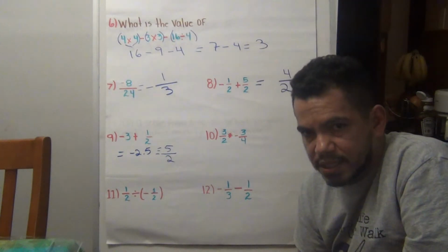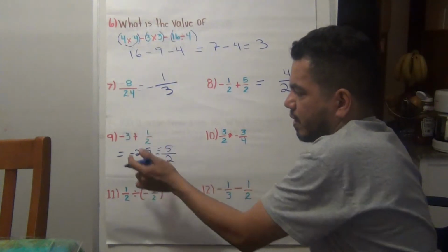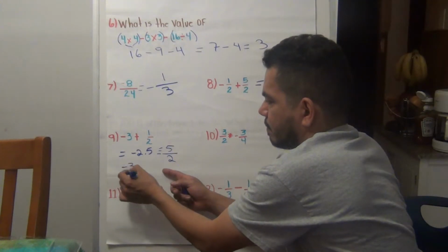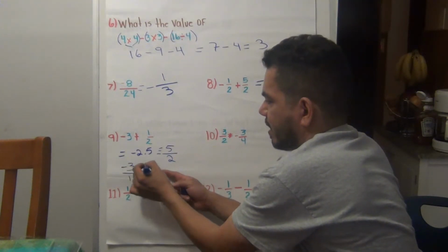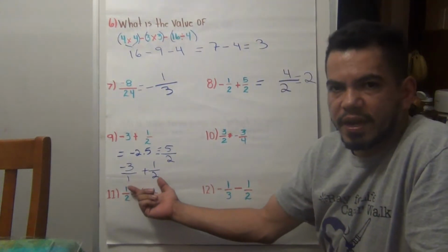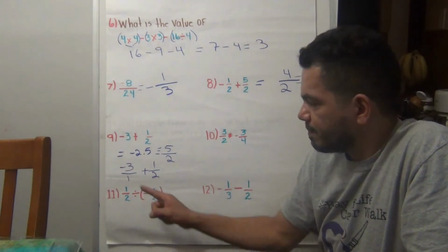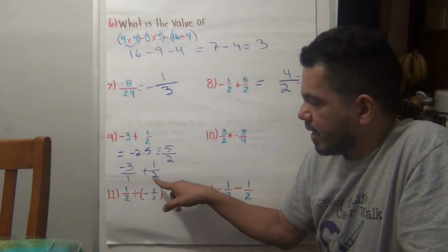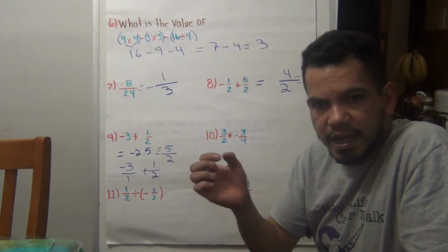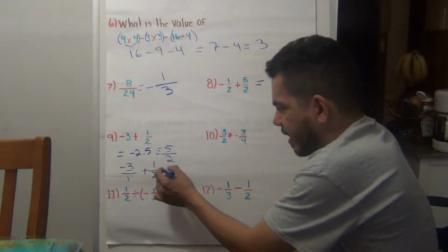Now if we're doing it the way we always do it, then we're going to turn this into a fraction. So we're going to have negative 3 over 1, plus 1/2. I need a common denominator right here. Well, where on the times tables do the 1 and the 2 meet? Well, 1 times 2 is 2, and 2 times 1 is 2. So the common denominator is 2. So I need to turn this into a 2.